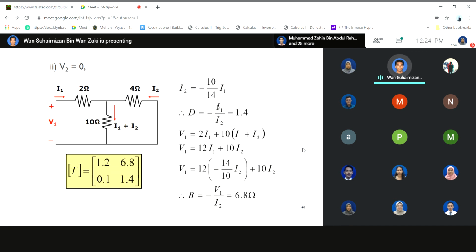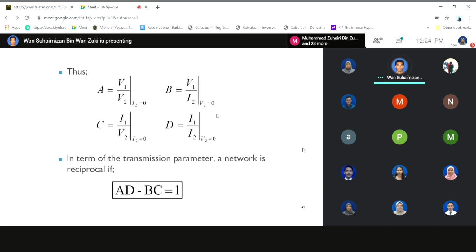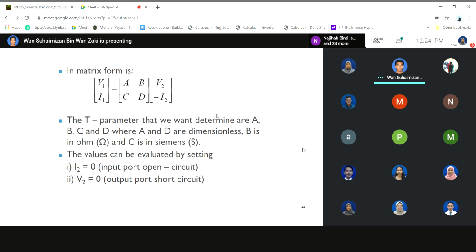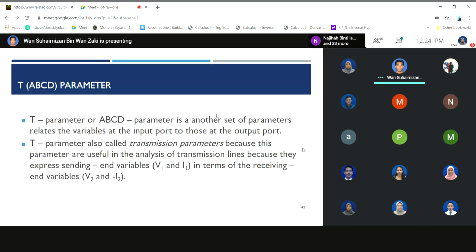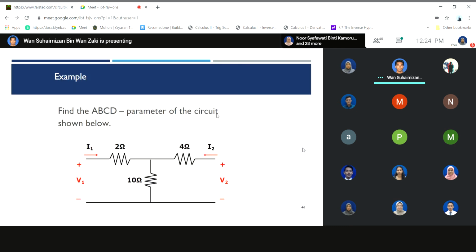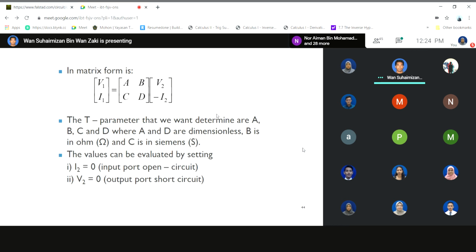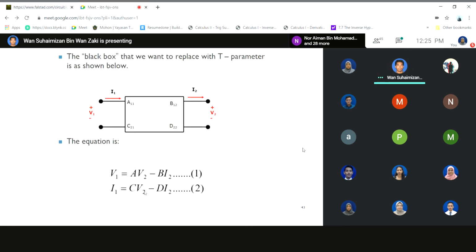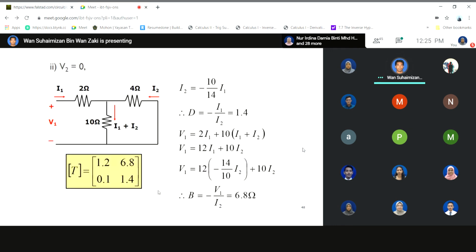So the ratio here is negative. So if you go back to the first equation here, I1, when you set V2 equals to 0, I1 over I2 must be negative D, right? So that's why you can see here, although it's negative I1 over I2, it will be 1.4. So this is the D value.